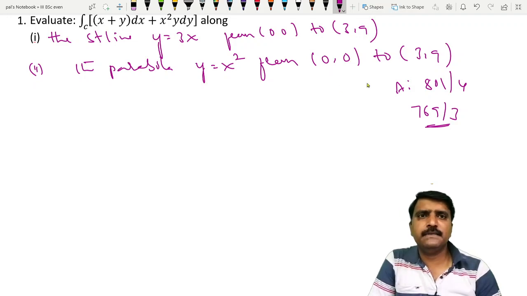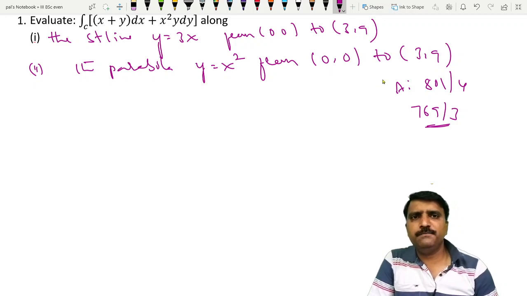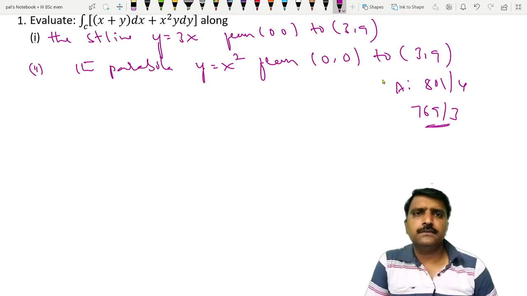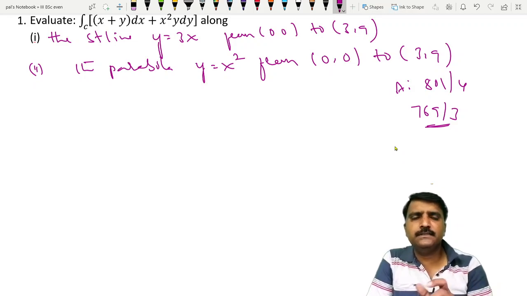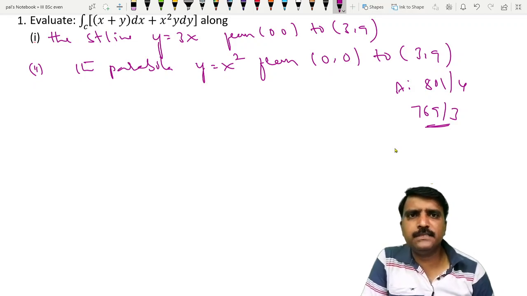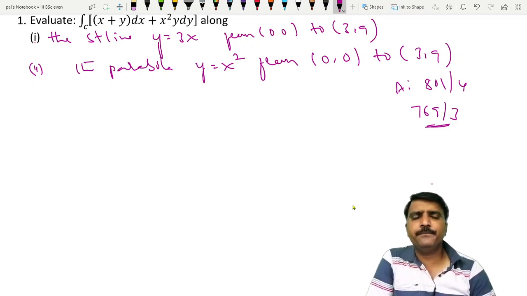I think in paper 9 you study integral theorems. In that, if possible, read the Green's theorem once, because in Cauchy's theorem we use the concept of Green's theorem. We prove Cauchy's theorem using the concept of Green's theorem.